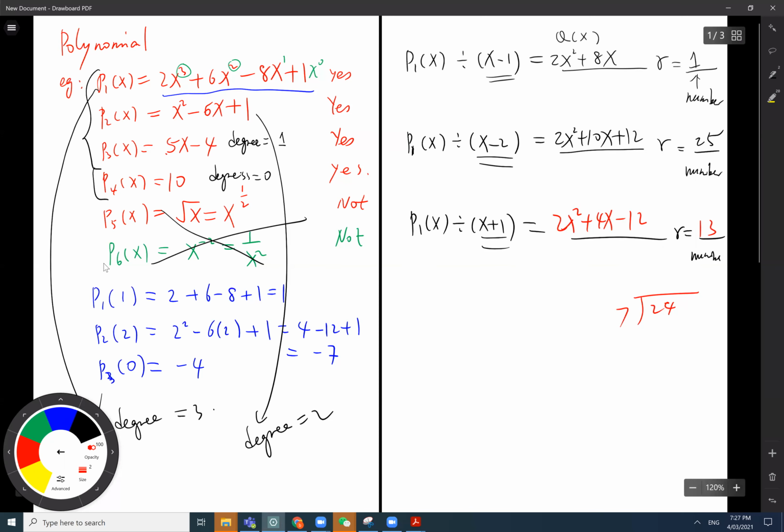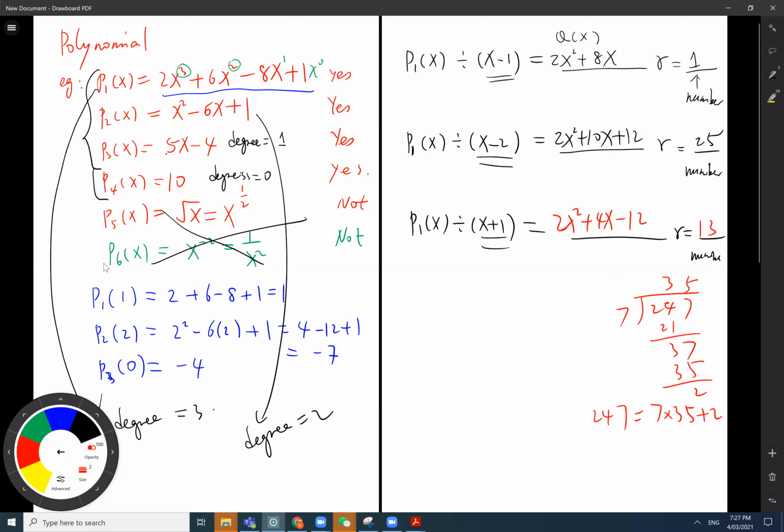Probably 7, 3, 21, 5, 2. You can rewrite 247 equals 7 times 35 plus 2. So you can change division to multiplication. Yeah, there's some remainder. Okay, guys.